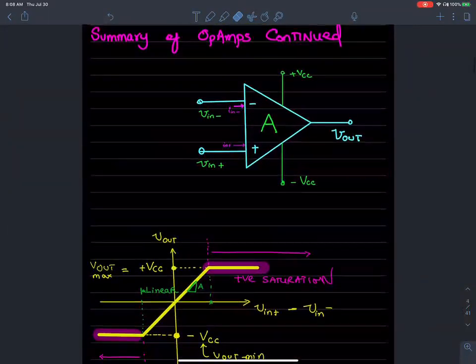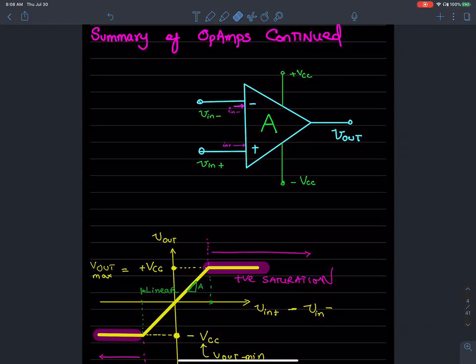Then I showed you the graphical representation of the 3 regions of operation. There is a linear region of operation where the output increases as a function of the inputs. Along the x-axis, I showed the difference between V input positive and V input negative. Along the x-axis is the input, along the y-axis is the output.